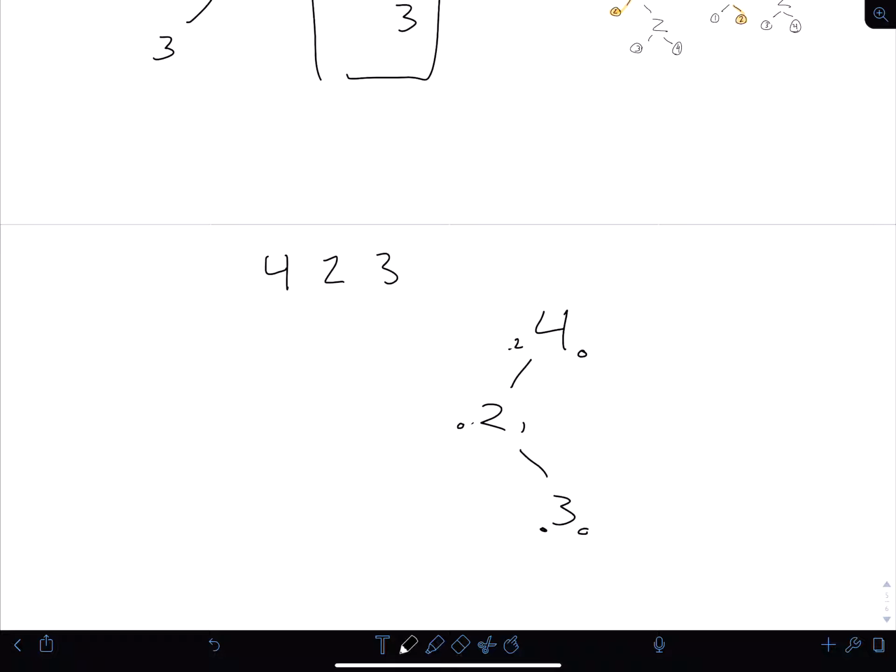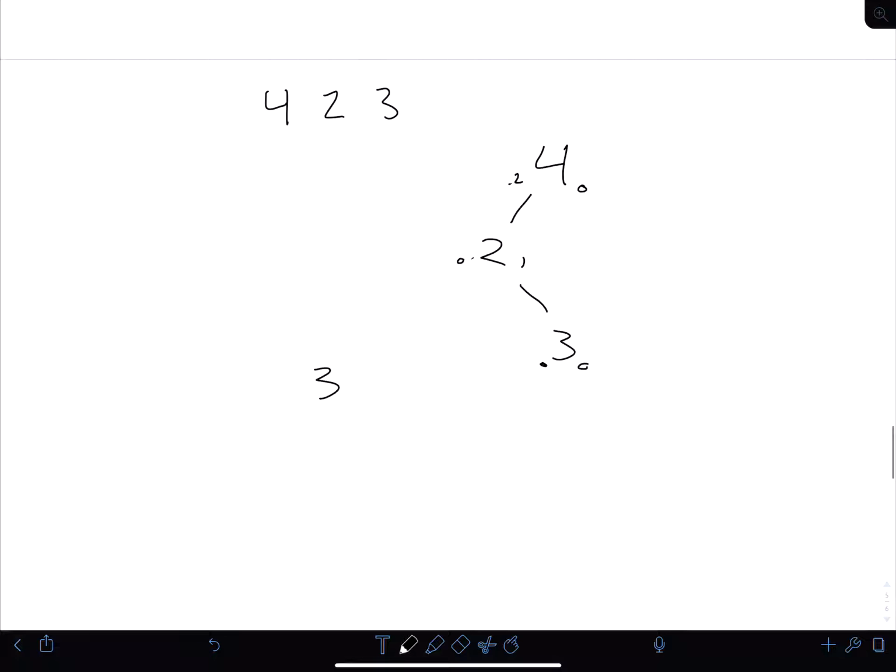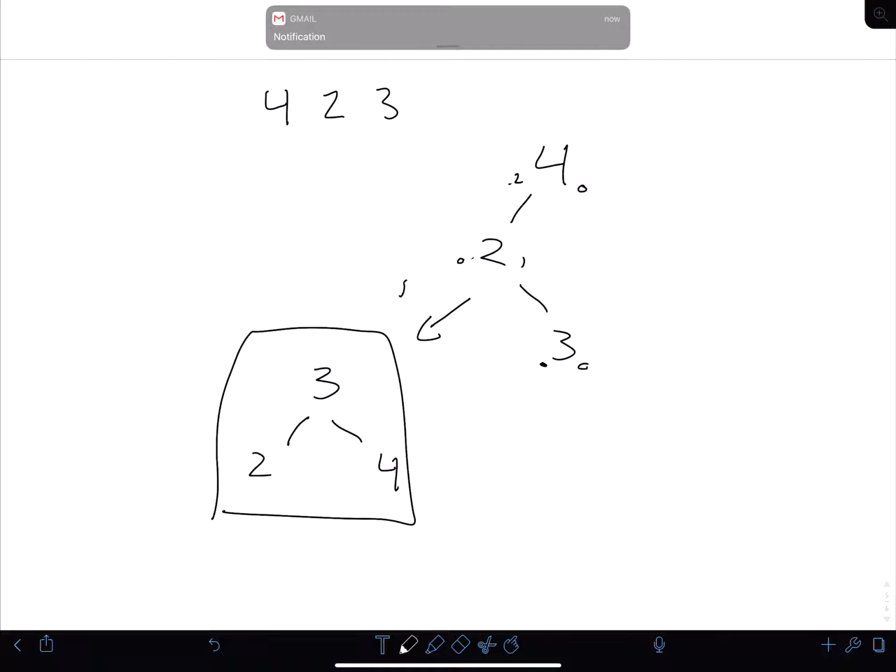Move the 3 to the top. Move the 3 to the top, like as a root node, you mean? It's like the root node, so you have the 2 on the left side and the 4 on the right side. Yes. So how do I get to that algorithmically?